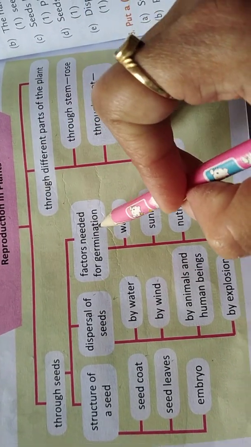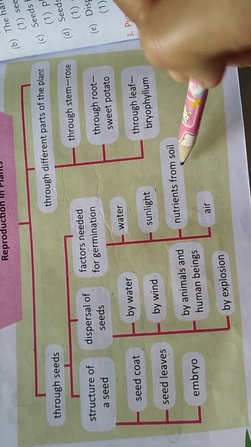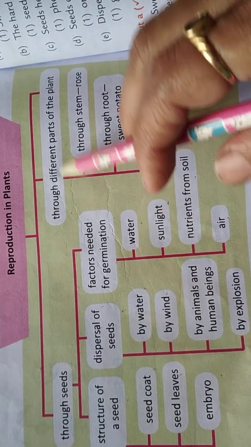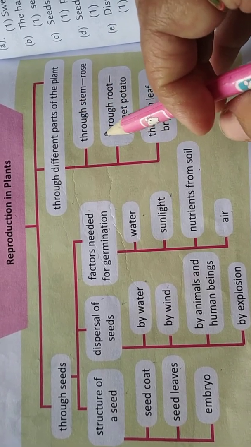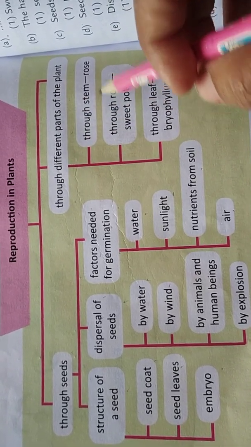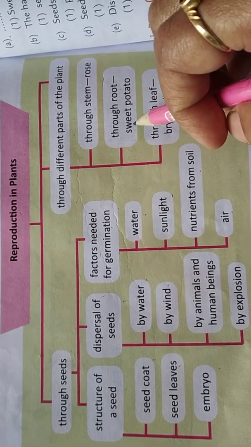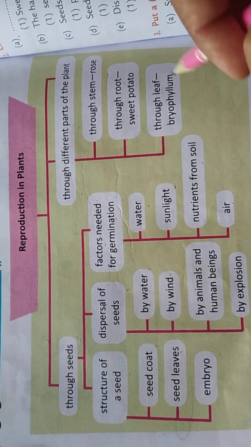Third, factors needed for germination: water, sunlight, nutrients from soil and air. Then reproduction through different parts of the plant: through the stem, for example rose; through the root, for example sweet potato; and through the leaf, for example bryophyllum.